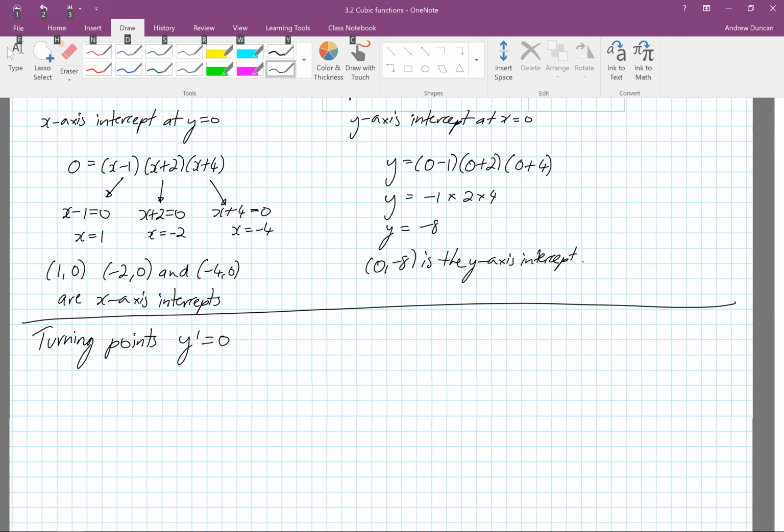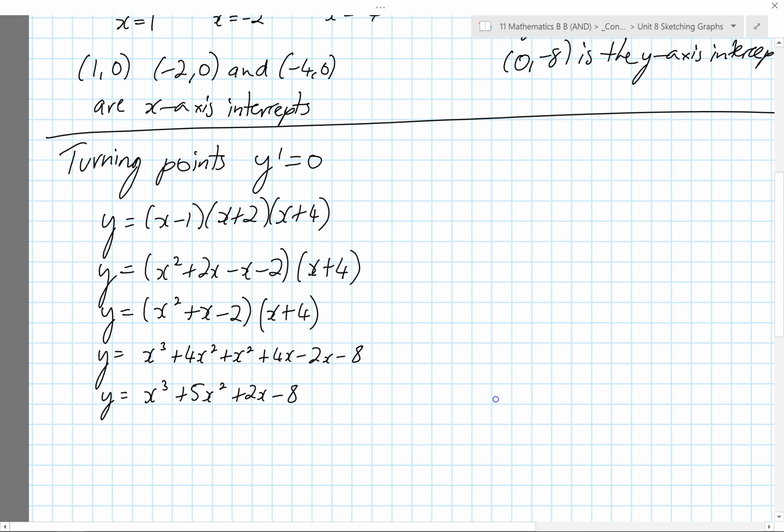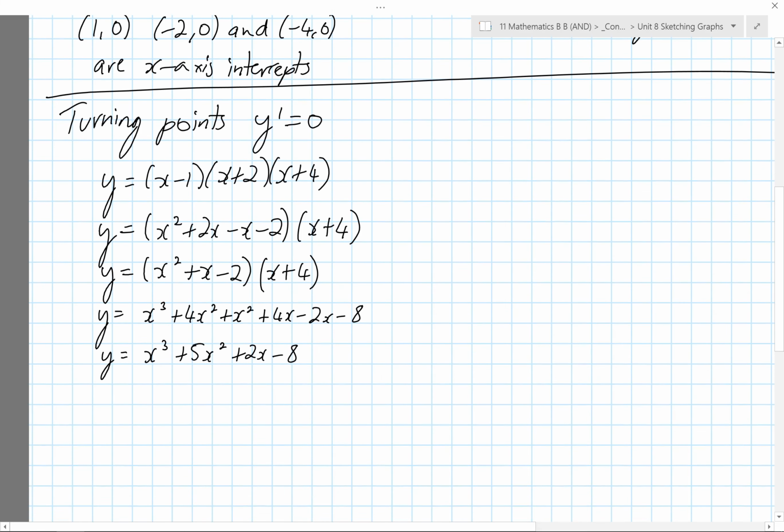I can write the function out again, and then go ahead and expand. So make sure each of these get multiplied by that final factor. So now that we've got our function in a nicer form, okay, we can go ahead and find y dash and set it equal to 0 and classify the turning point like normal.